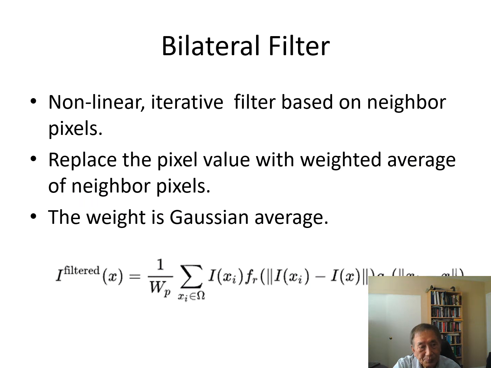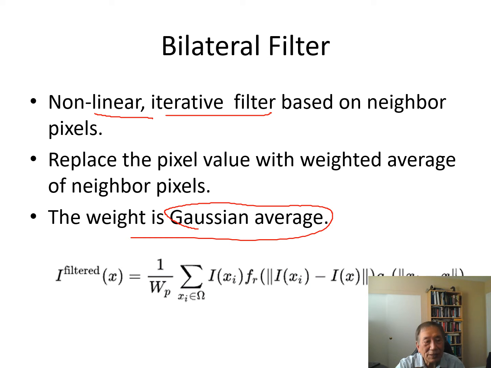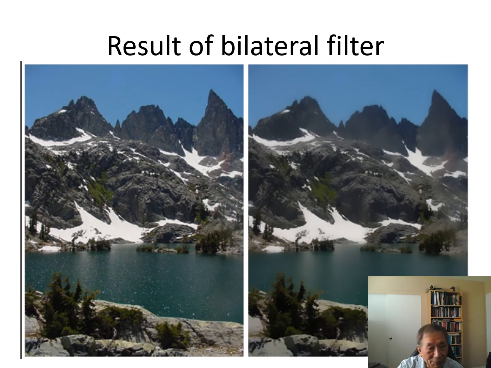Then bilateral is a nonlinear and iterative filter. So you do those neighborhood and weighted averages. It's a kind of Gaussian average, but you keep doing it, not just once, but many times. That's why the Gaussian and those cleaning up operations done in many stages result in much better results.